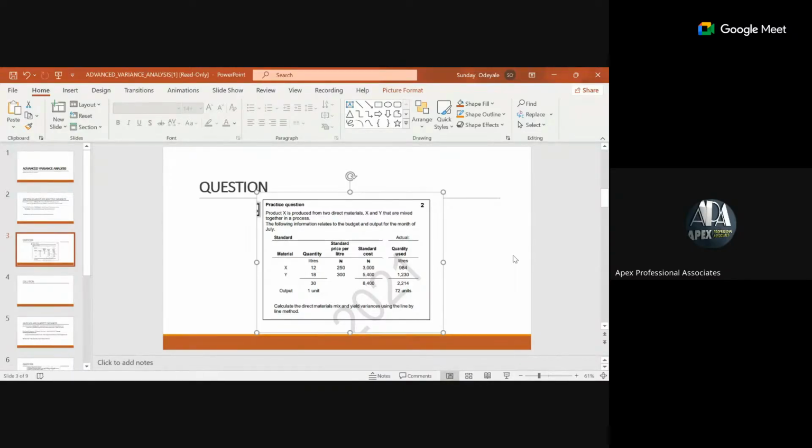So now we have 2 materials for just this product X, material X and Y, and they said they are mixed together in a process. The following information relates to the budget and output for the month of July.